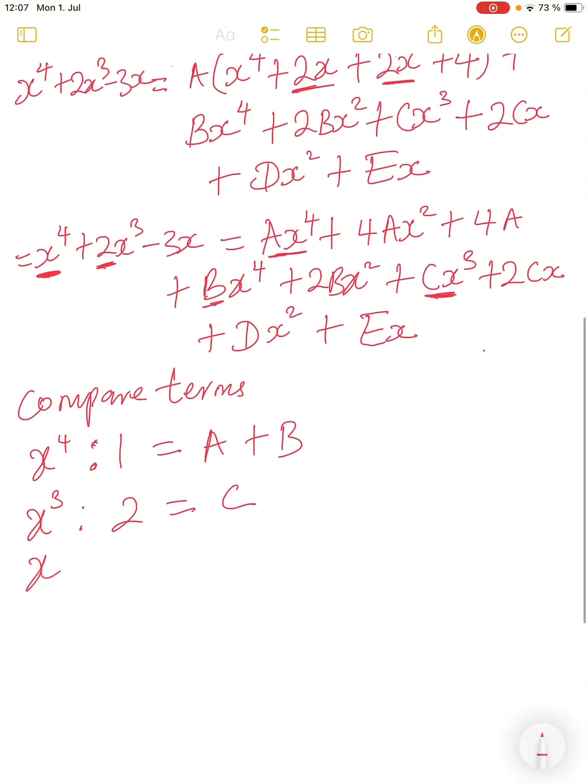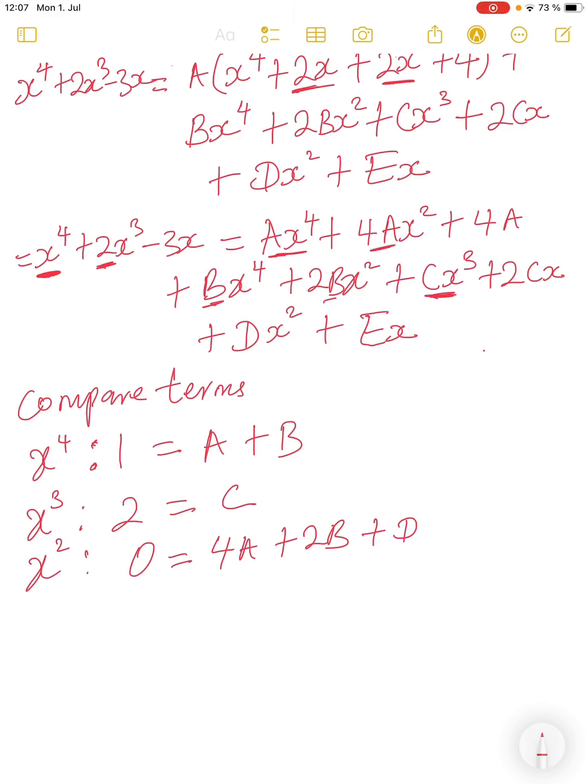For those that have power 2, on this side there is no power 2, so we have 0 equal to 4a plus 2b plus d.